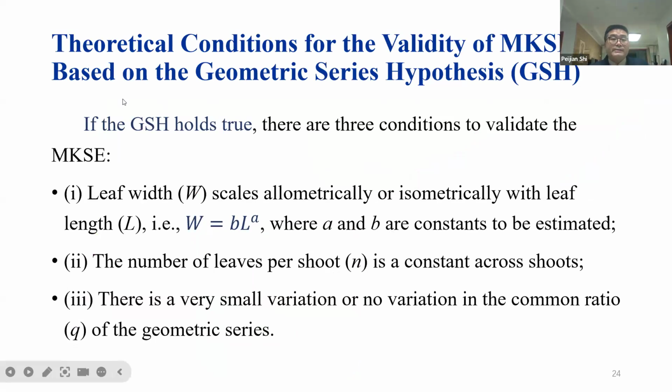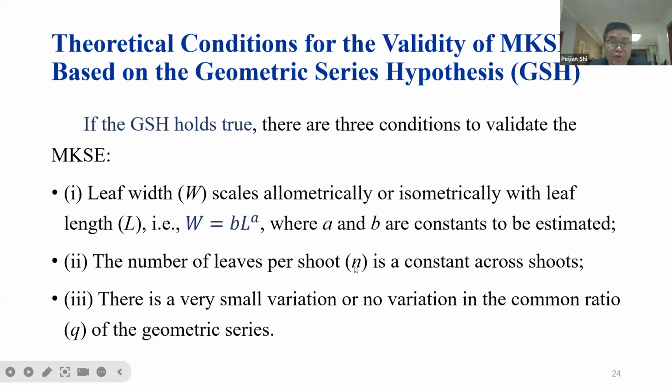There are theoretical conditions for the validity of the Montgomery-Koyama-Smith equation based on the geometric series hypothesis. Here I just say the conditions: the leaf area distribution should follow the geometric series hypothesis. The first one is that leaf width scales allometrically or isometrically with the leaf length.